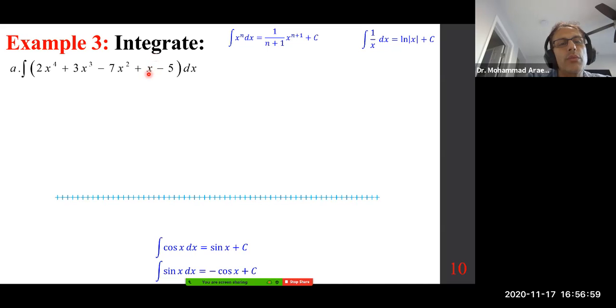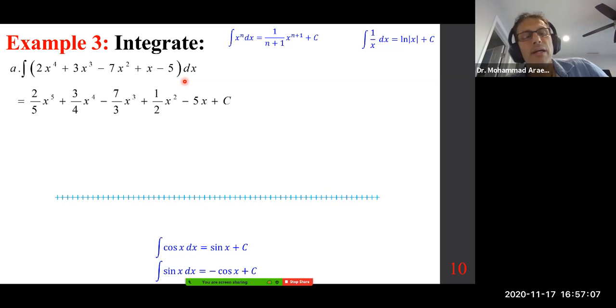So 1 and 1 becomes 2, 1/2 x squared minus 5x plus a constant. Step by step, everybody, step by step.